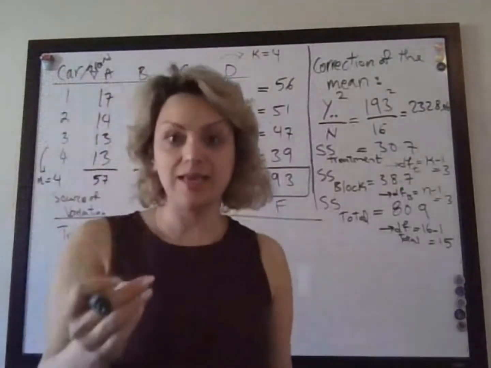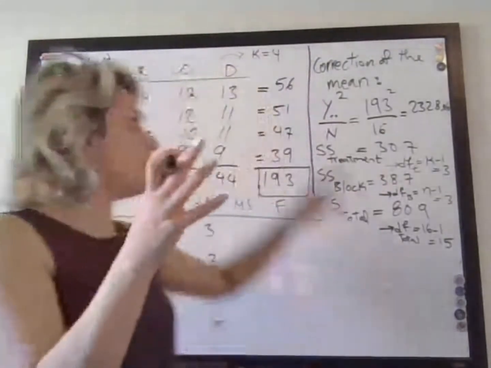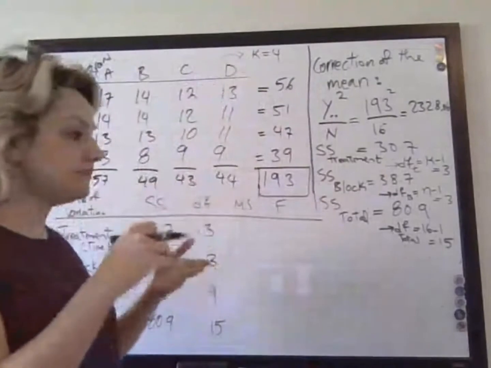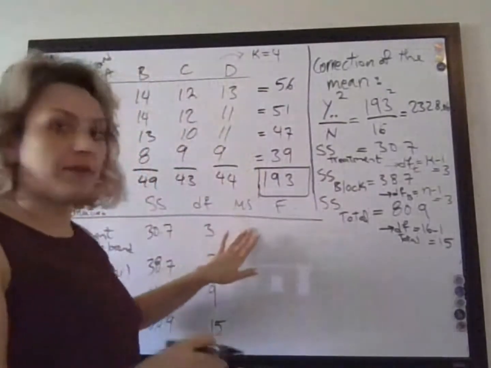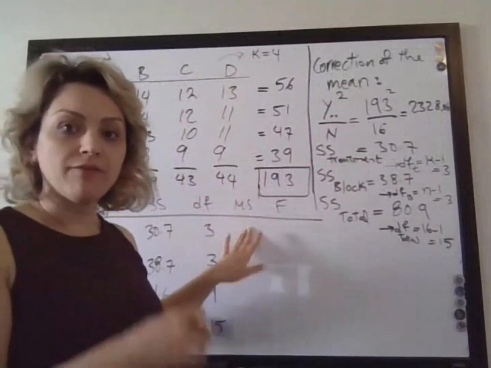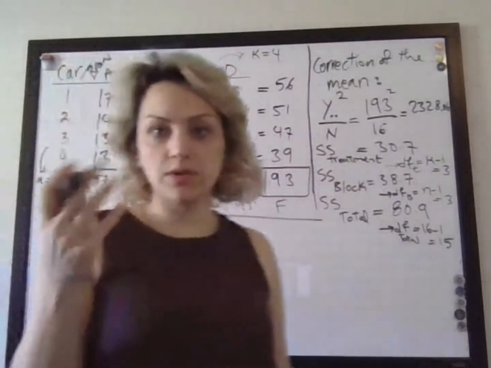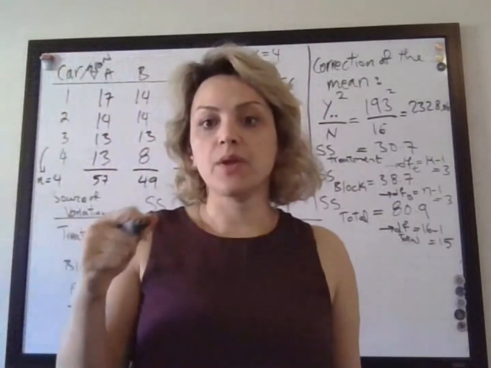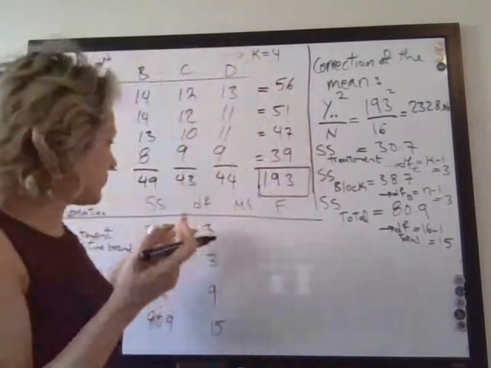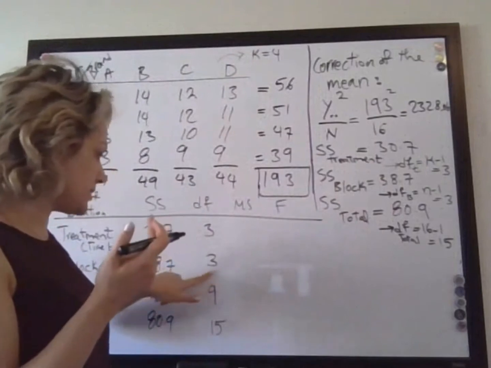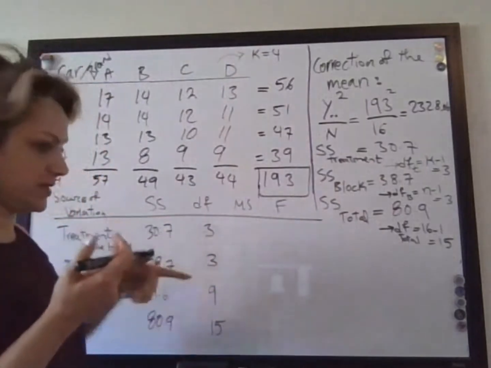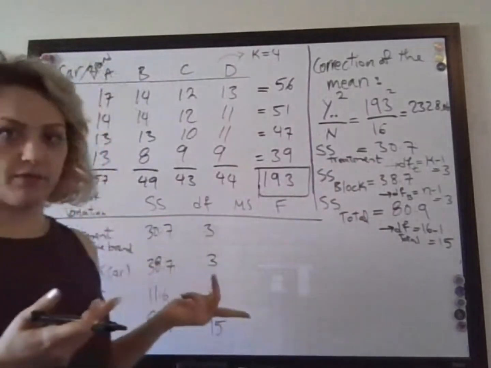You can say k times n, because we have k here and n here, minus 1. And for the error, you can say k minus 1 times n minus 1. Or you can multiply the other degrees of freedom that you have for this one and this one. Or you can simply say, okay, I have 15 here, minus 3 minus 3. This is the total degrees of freedom, right?